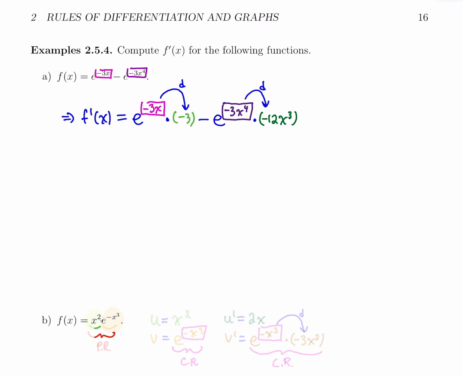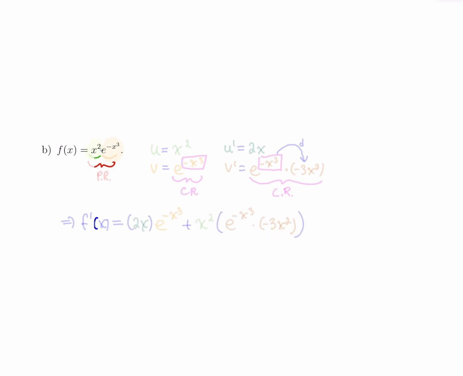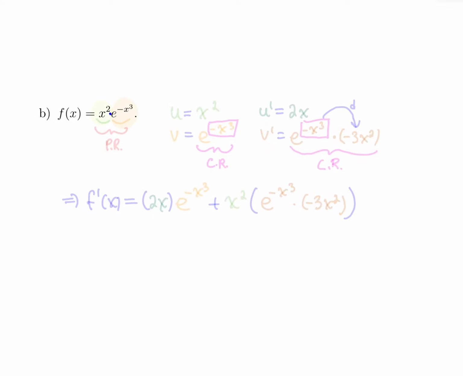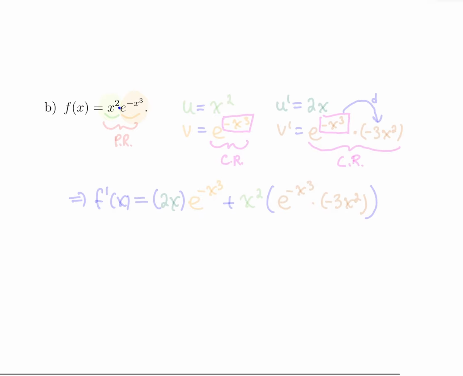All right, now the fun begins because my next function is x squared times, so a little product here, e to the power of minus x cubed. So this function is initially the product of two functions. It's x squared multiplying e to the power minus x cubed. So it's the product of two things.